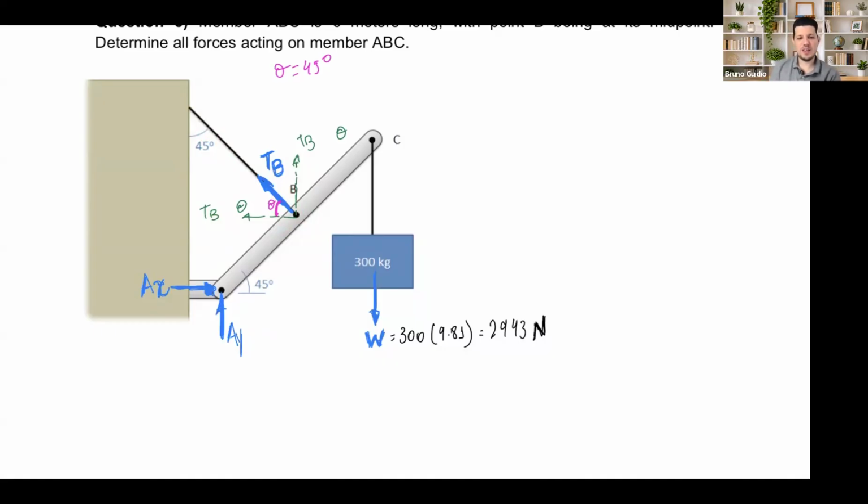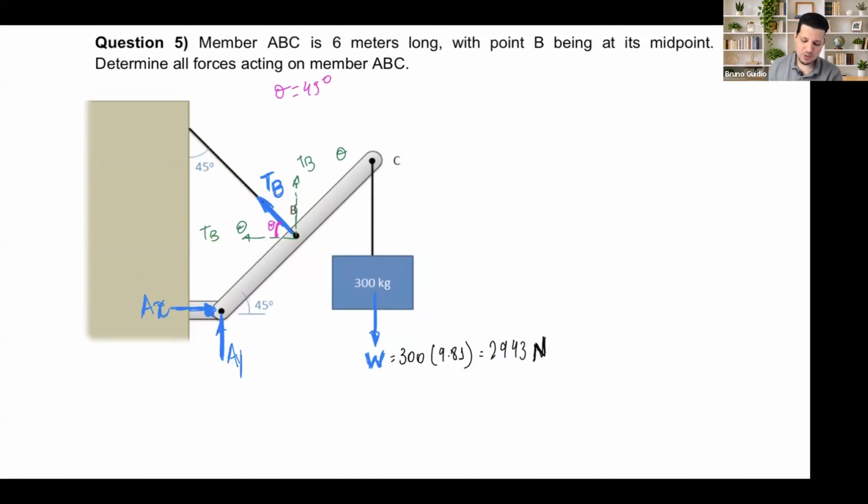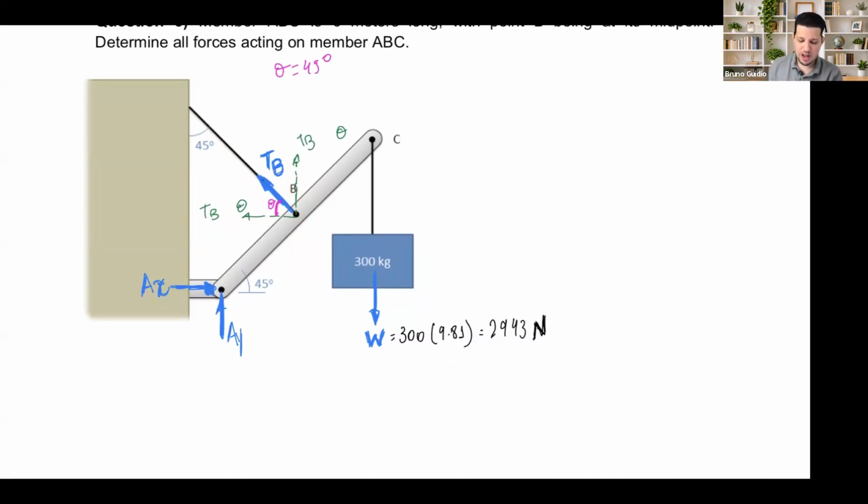Bruno, I don't know how to find that angle. This one was straightforward. How do I do that? I believe I showed you for the truss. Did I show you guys here? Let me think about it. I believe so.